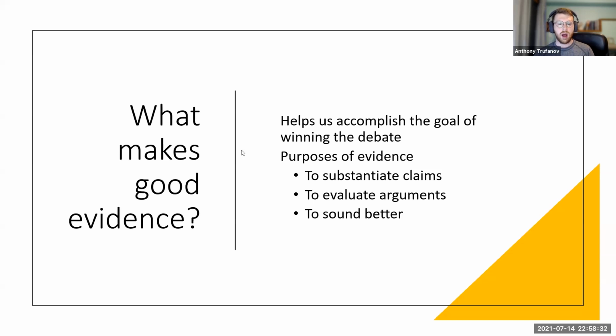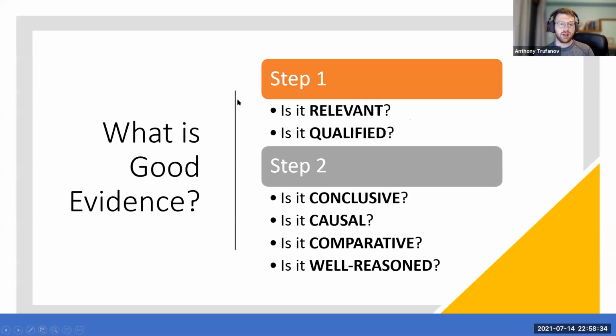Okay. I want to throw in some extra ones. So we've covered a bunch of these, but I like to think of evidence comparison in these two steps. The first step is: is it relevant? Does the evidence actually address the issue?